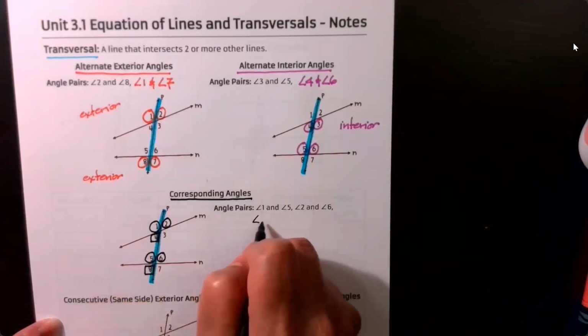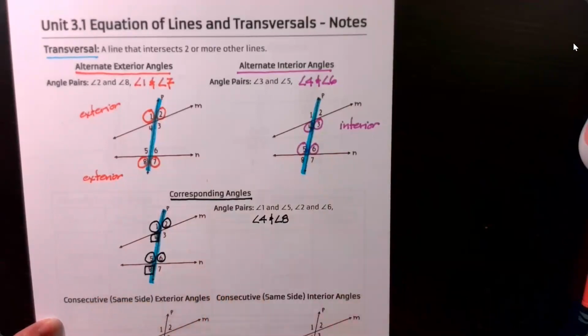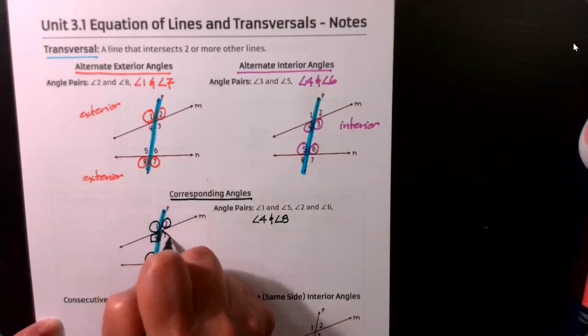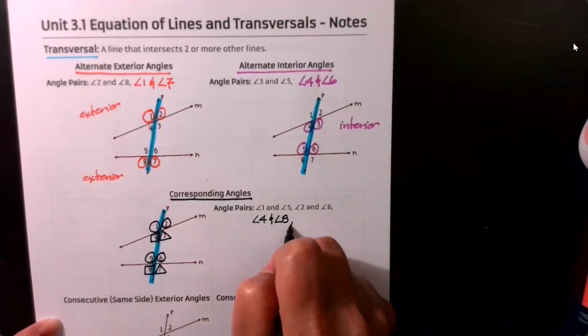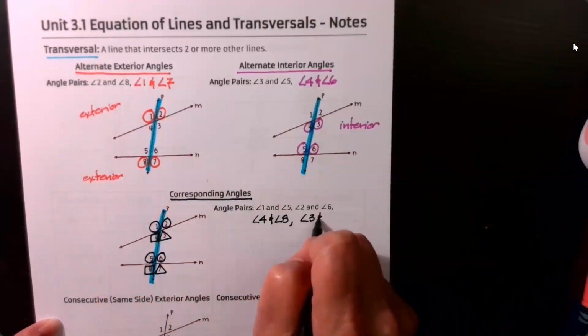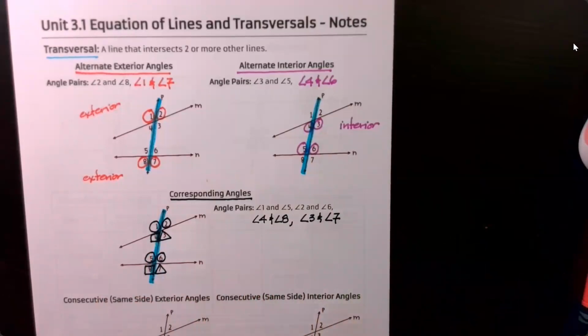So notice angle 4 and angle 8 are a pair of corresponding angles, and angle 3 and angle 7 are corresponding angles. They are in the same position in the cluster of 4 angles.